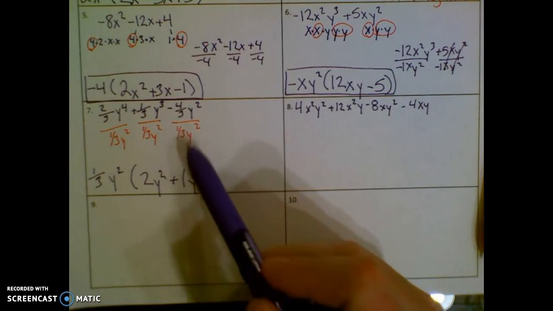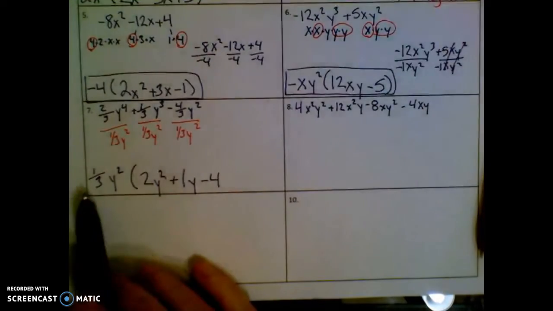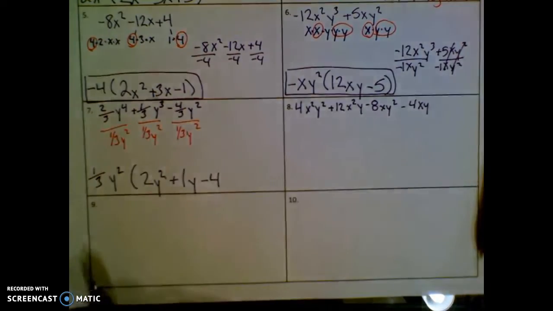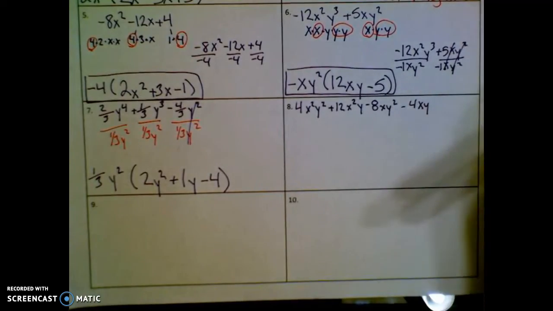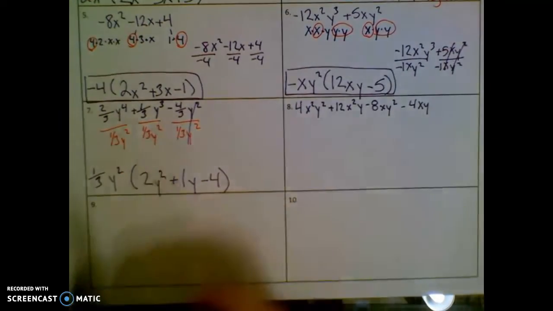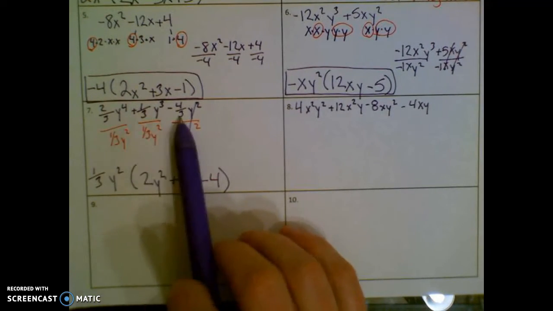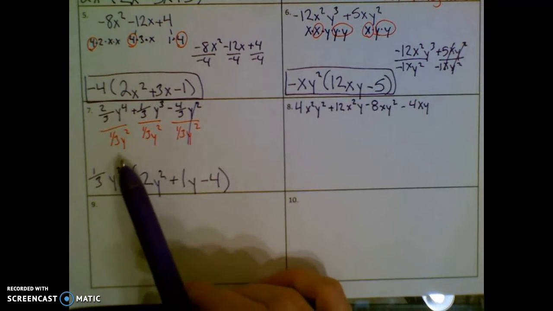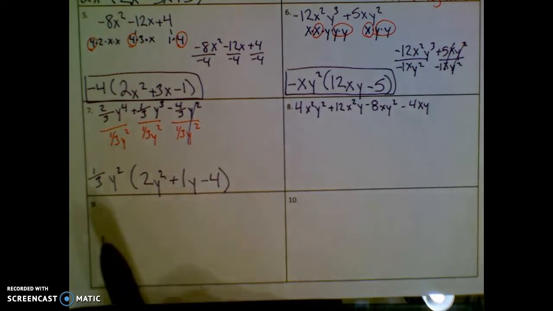And then negative 4/3 divided by a positive 1/3 gives me a negative 4. 1/3 times negative 4 gives me negative 4/3. Y squared and y squared cancel. So those fractions do look complicated, but they share in common dividing by 3, and it's not too difficult to use your brain and figure out it's times 2, times a 1, and times a negative 4.